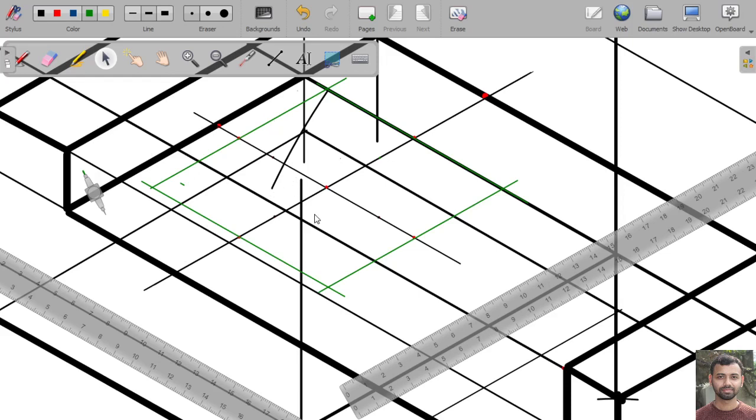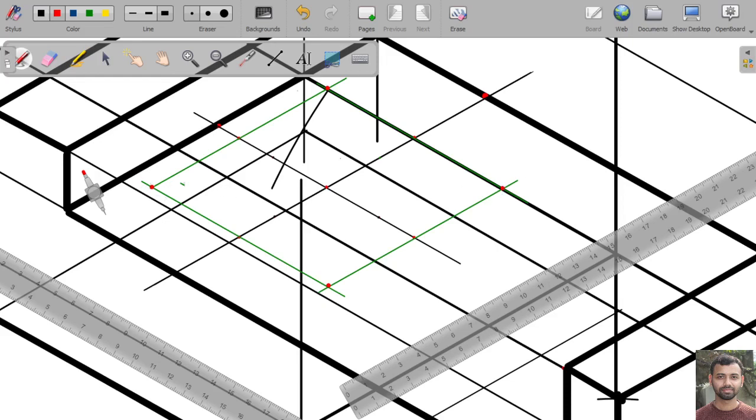To find the four centers, at first we have to find out the corner points. Here this is one corner point and this is another corner point of the rhombus, and this is another corner point, and here it is another corner point.